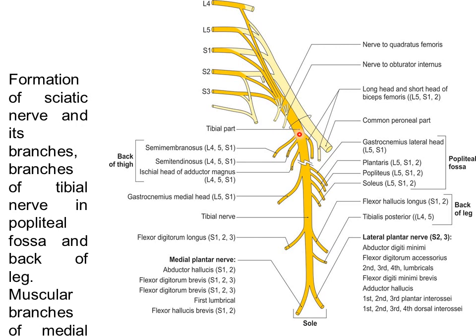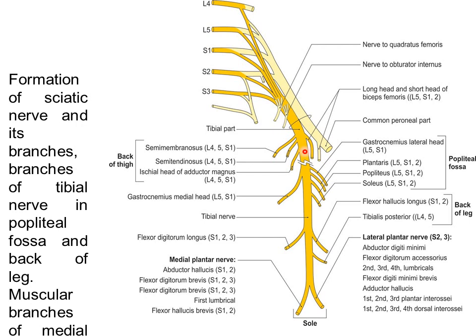The tibial component is the larger one, extending from the superior angle of the popliteal fossa. Then in the leg it runs downwards vertically up to deep to the flexor retinaculum, then enters the foot.